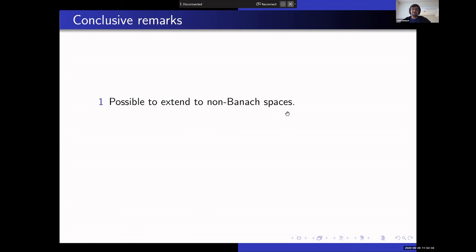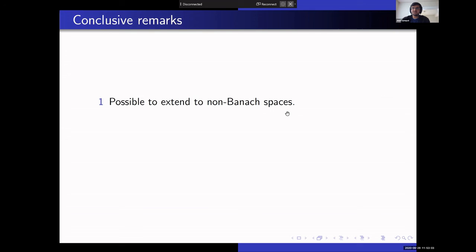It is possible to extend these results to non-Banach spaces. If you go back and look at the proof of the main theorem about the linear functionals, you can see that I'm using the norm condition at exactly two places. One is when I'm finding that non-vanishing entire function and constructing it out of coefficients. If you remember that, that's where I use the norm.